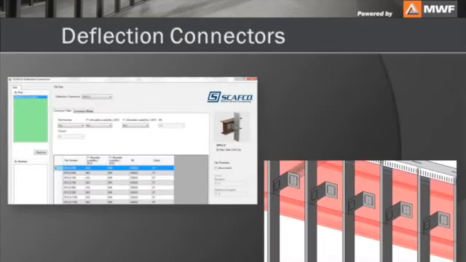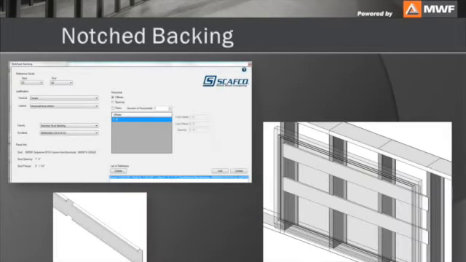Then we're going to generate some deflection connectors. So again, using MWF, we will place our panel in the wall. We will recognize the supporting beam within that panel's vicinity, and again, place your deflection connectors based on the deflection clip type that you've specified. So we'll take a look at the different options we have there.